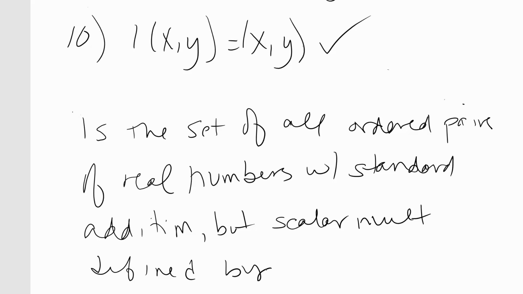I'm going to define that to be c times (x, y) equals (cx, 0).